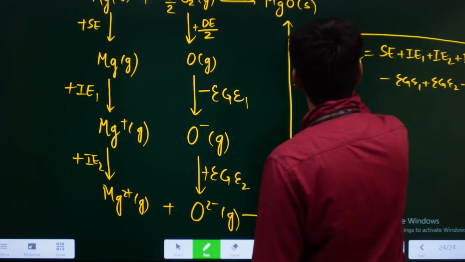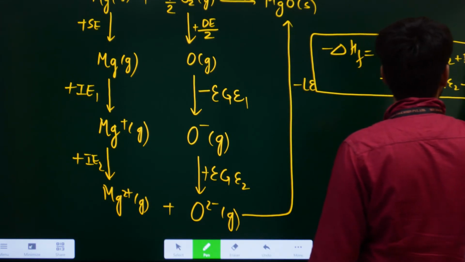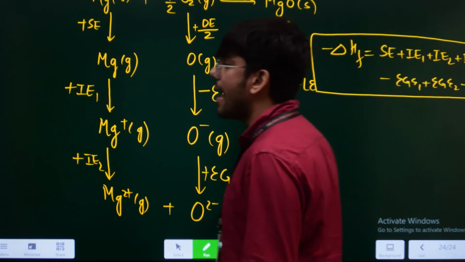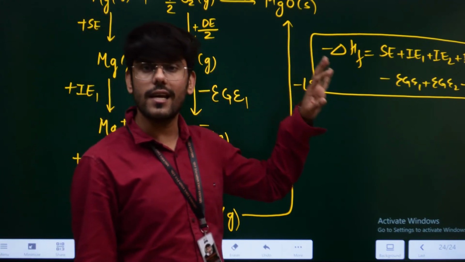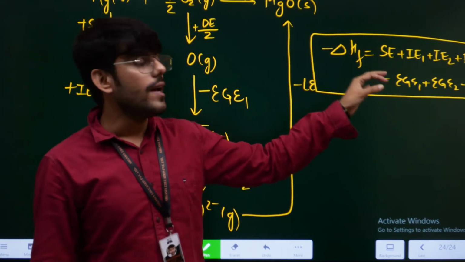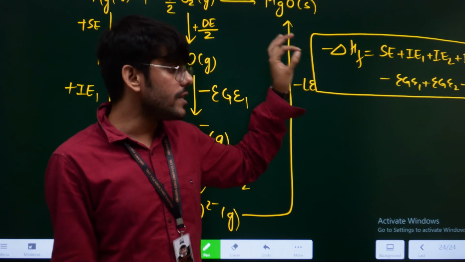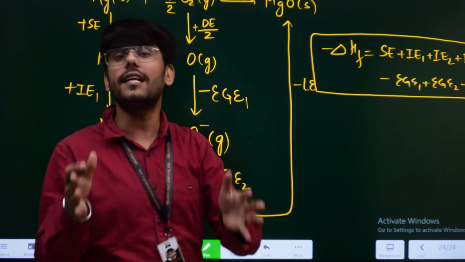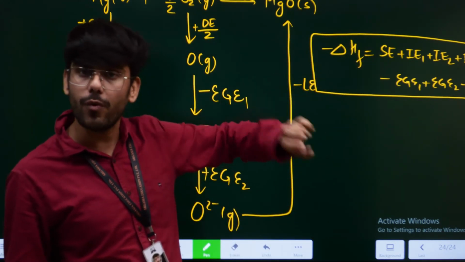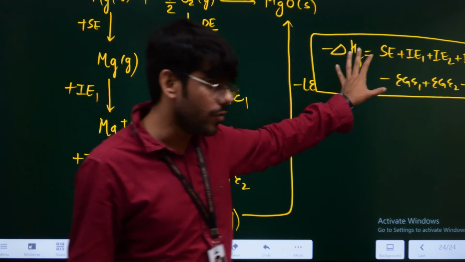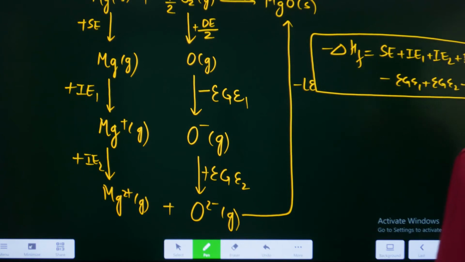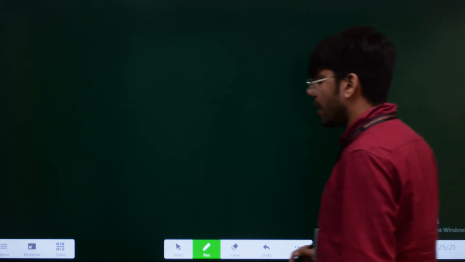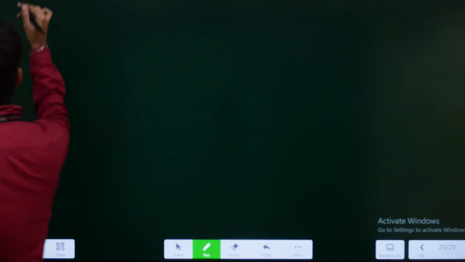Any problem? No, sir. Okay. And you need to remember that suppose if in the question you are given ionization energy and some value, please do not get confused that ionization energy is the cumulative ionization energy for both of them. Like it's a sum of both of these, okay? Okay. Alright.